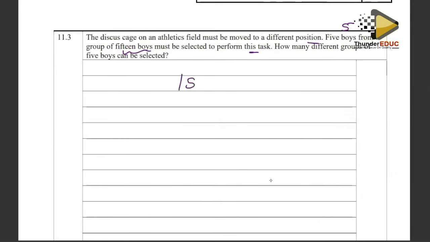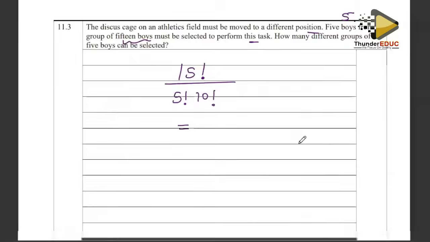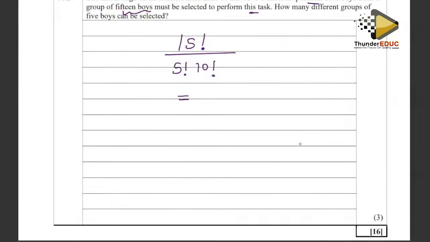So it's going to be 15 divided by, because this is a combination kind of scenario, 5 factorial and then 15 minus 5, which is 10 factorial. When you punch this into the calculator, I'm getting 3003. So those are the different groups that we can obtain from all of this.